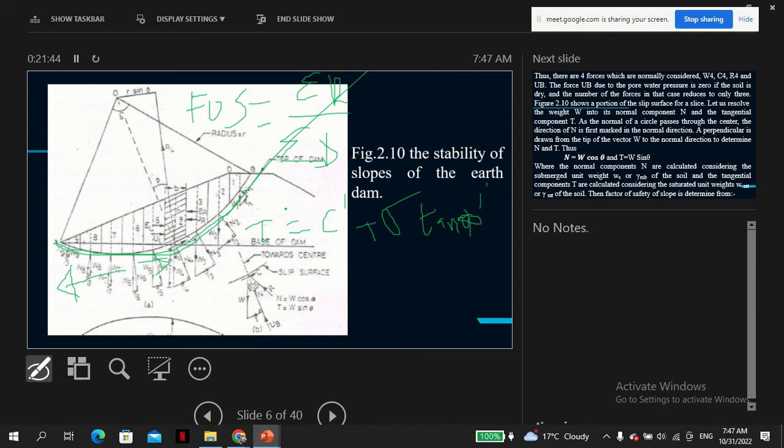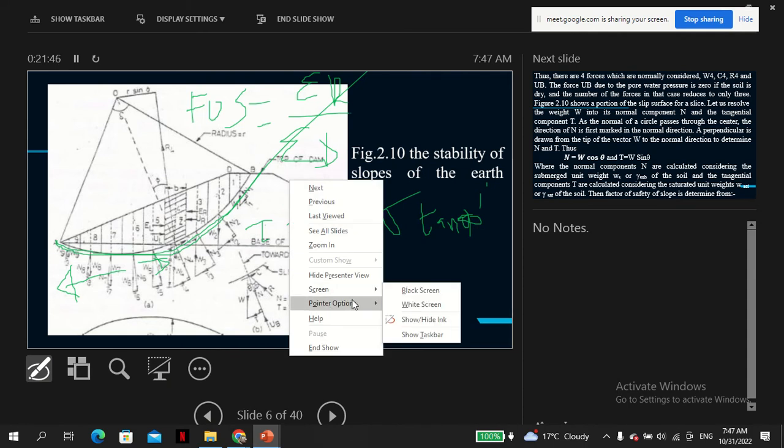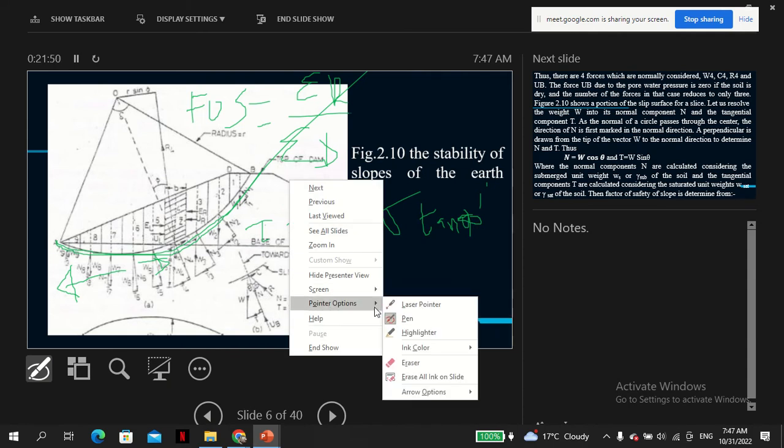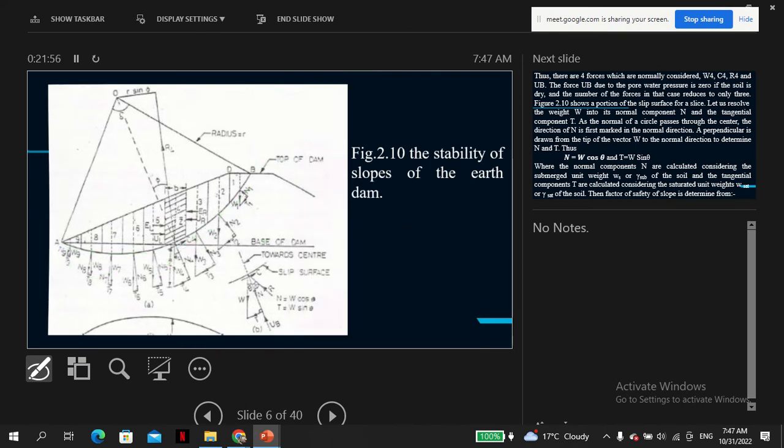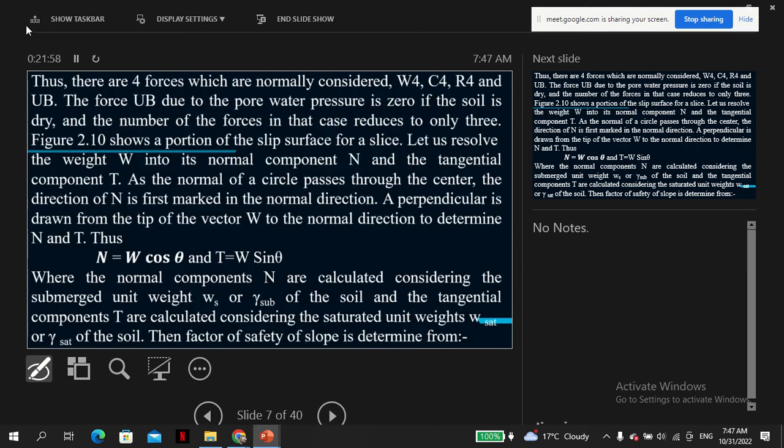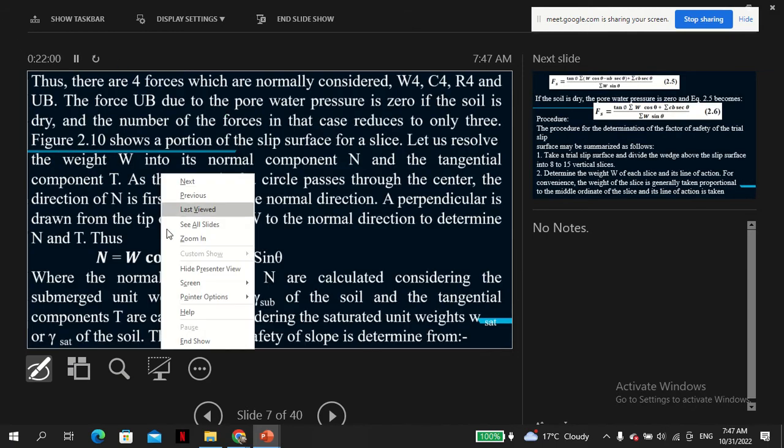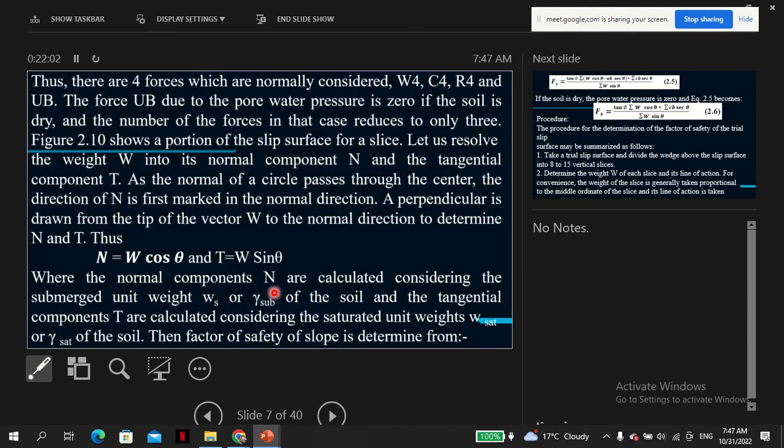Once you understand this, you sum up the driving forces and the resisting forces, and then you can actually get the factor of safety against this downslope sliding.